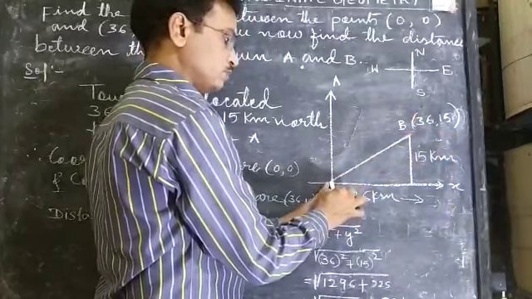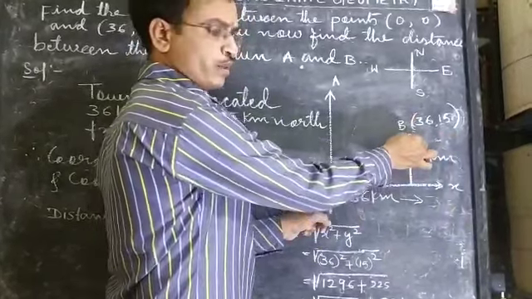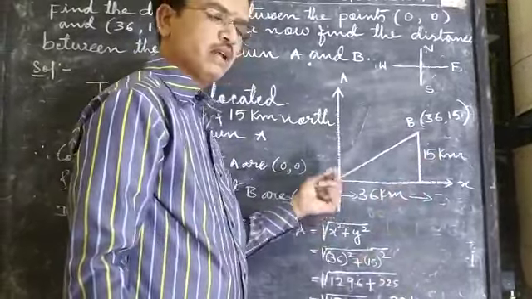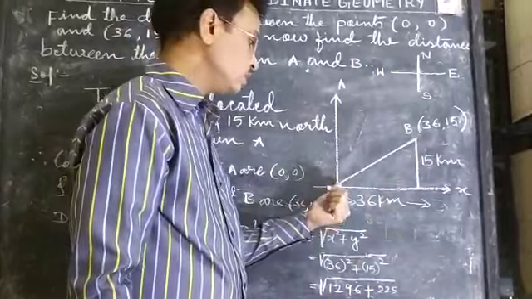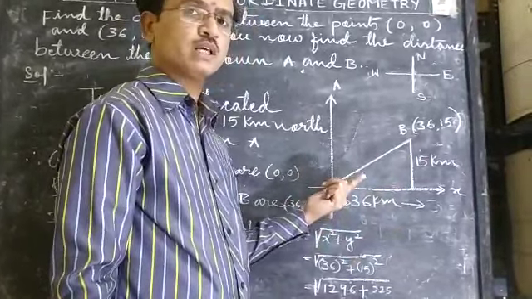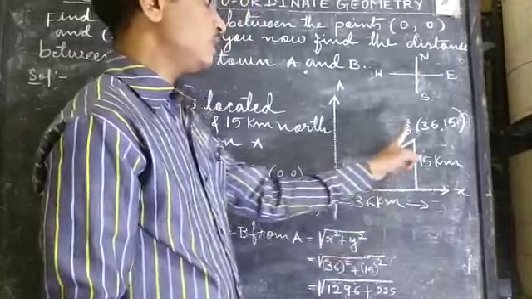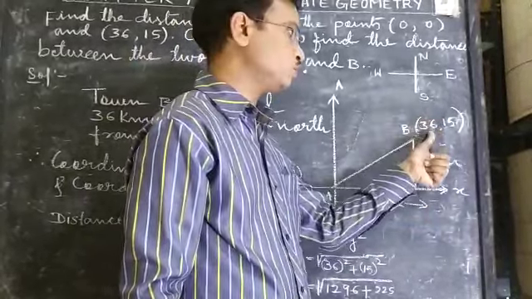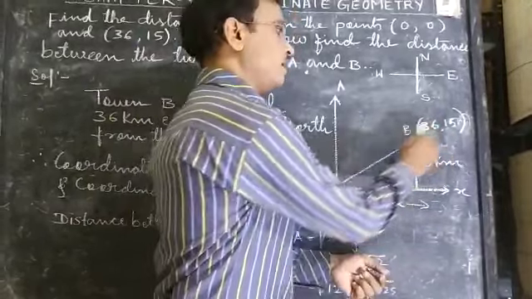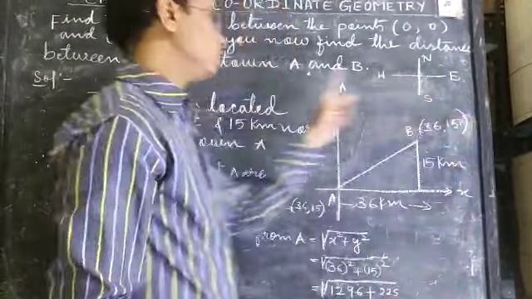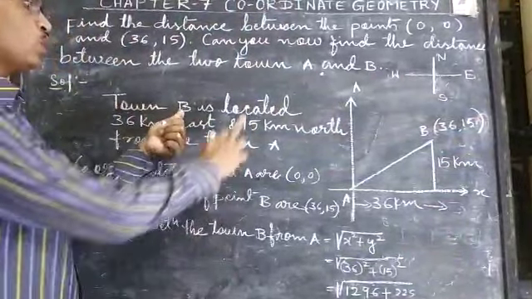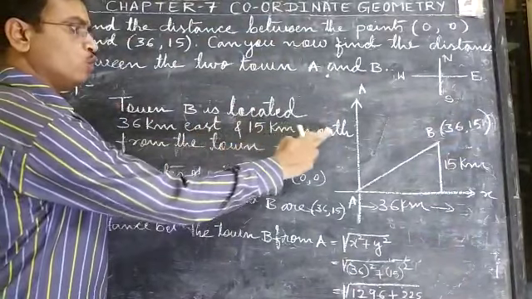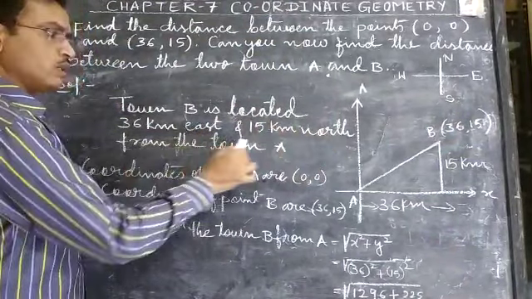That is the distance between town A and town B. So town A is at the origin, with x coordinate 0 and y coordinate 0. This point is 36, the x coordinate, and the y coordinate is 15. Town B is located 36 kilometers east and 15 kilometers north from town A.